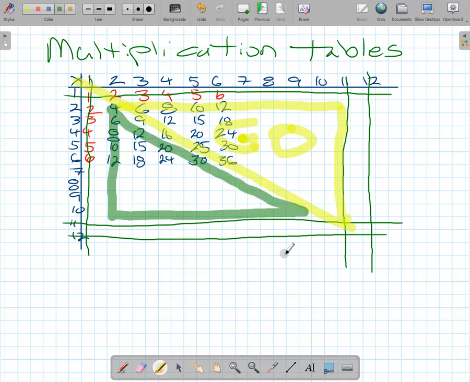So we took this 12 by 12 table for kids that are struggling, and we can whittle it down to a much smaller triangle of numbers that they need to know about. And that's all they need to memorize to get through multiplication when they can't use a calculator. So that's definitely worth pointing out sometimes for the kids that are struggling with some basic facts.